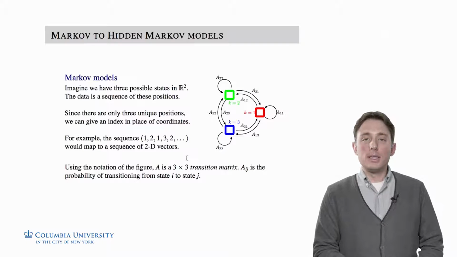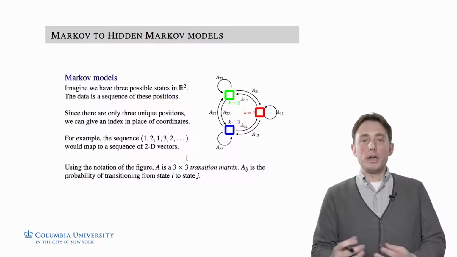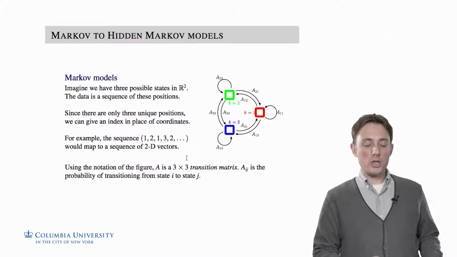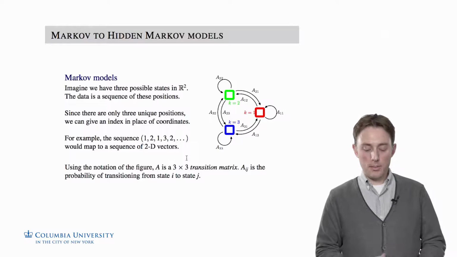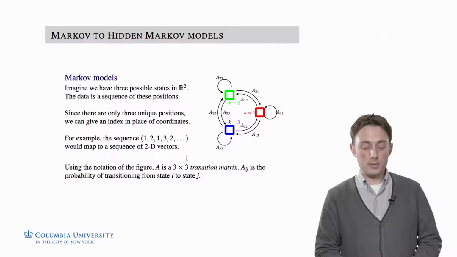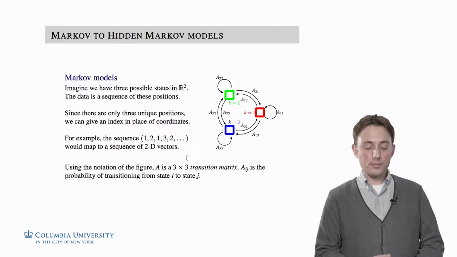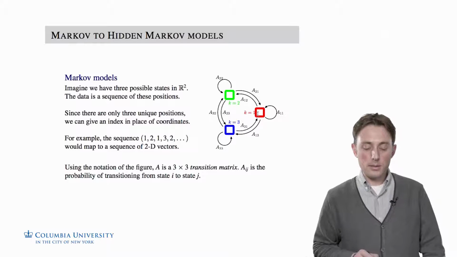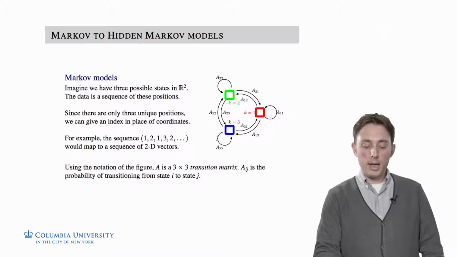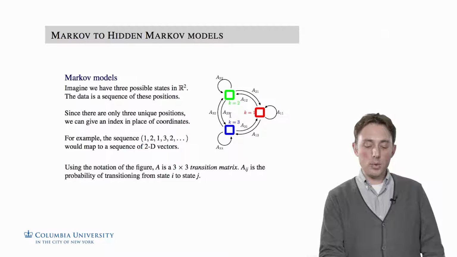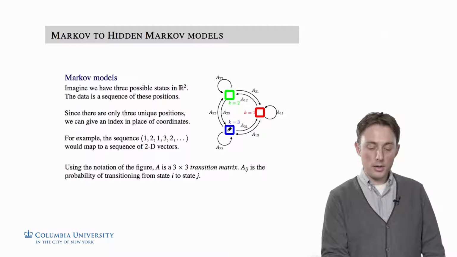So let's look at an example where we transition from a Markov chain to a hidden Markov model. Let's imagine in this toy example, on the next couple of slides, that we have 3 possible states in R2. Here's the second state, the third state, and the first state. We're giving it a physical representation in R2, so we're going to say that the third state has this point in R2.